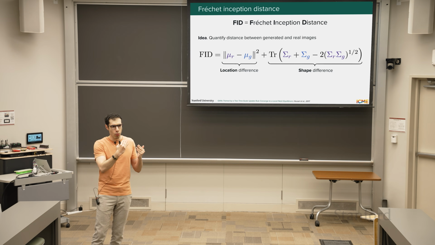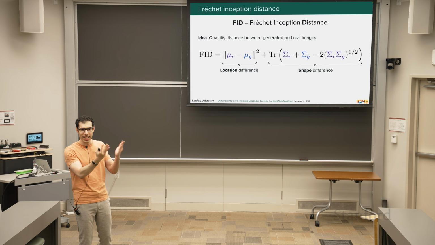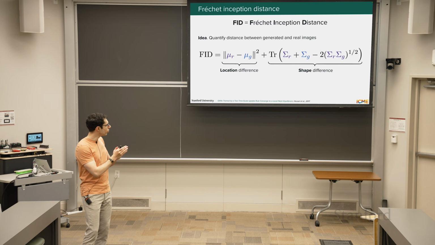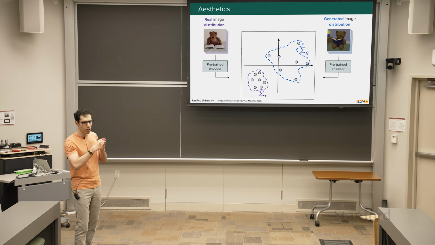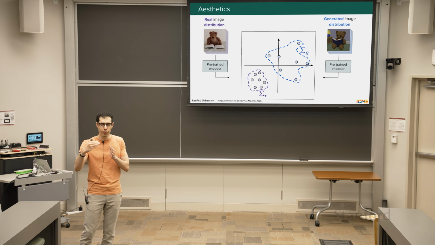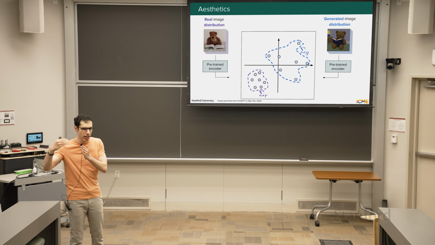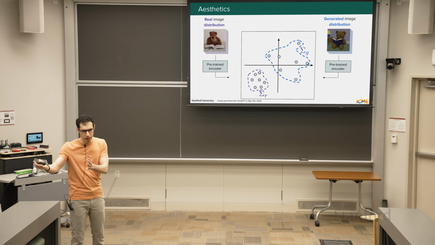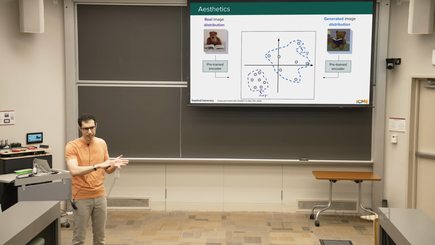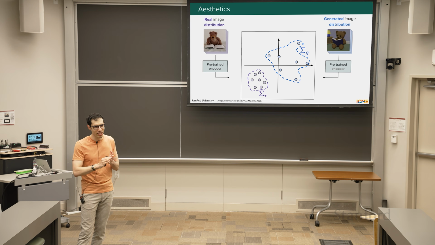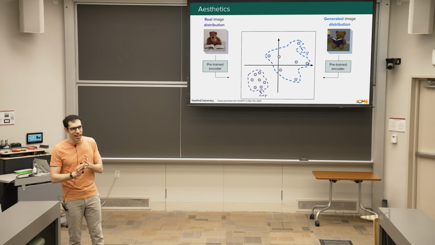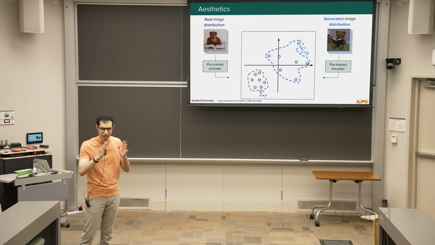Depending on what your task is, you may want to compare your generated images with respect to a set of real images that are representative of the thing you care about. There are a number of data sets, like ImageNet, which is a classic one, and then I believe MS-COCO and so on.